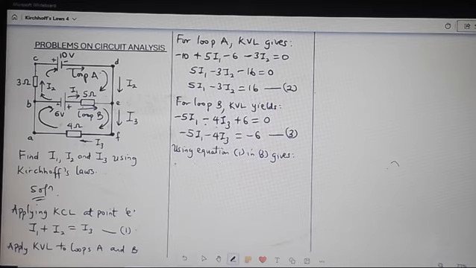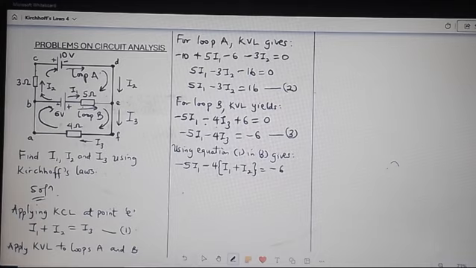So we say minus 5I1 minus 4 into I3, which from equation 1 is I1 plus I2, all equal to minus 6.